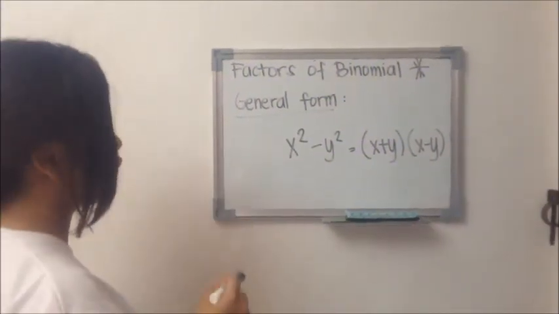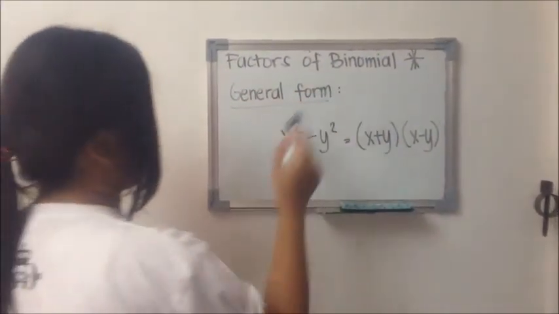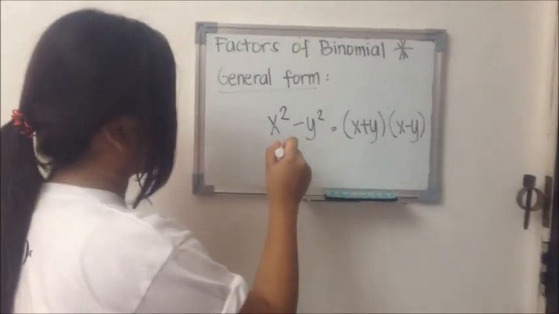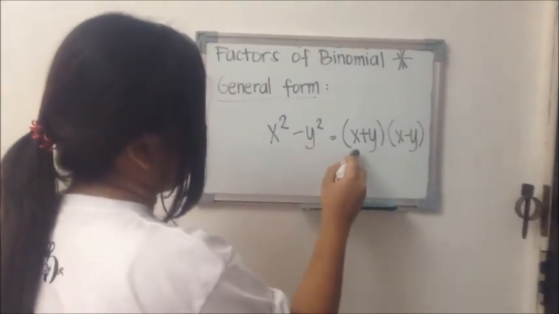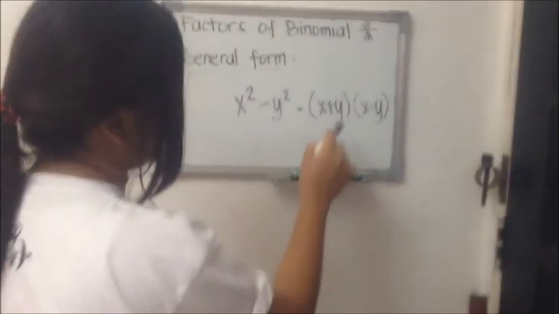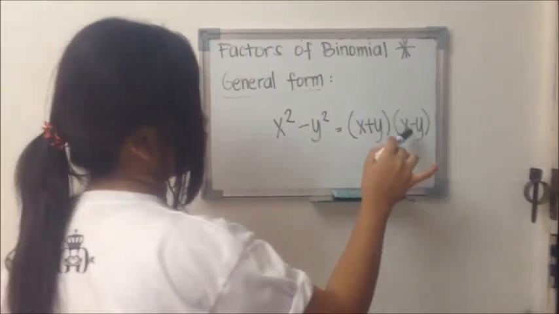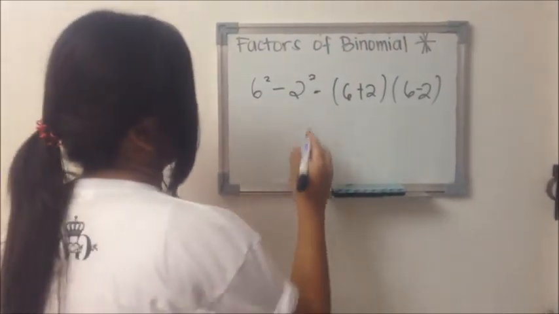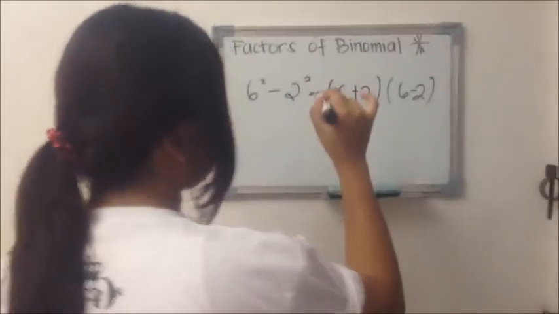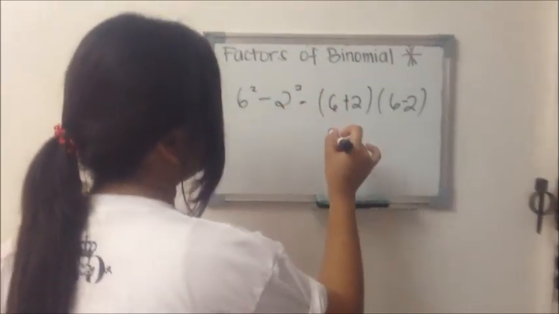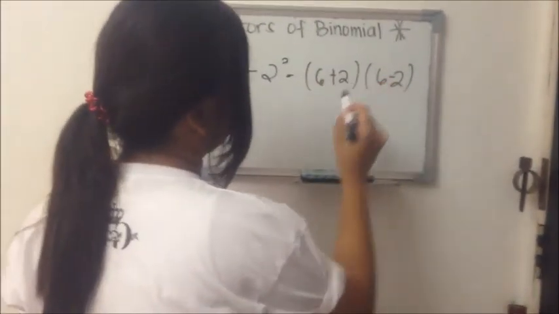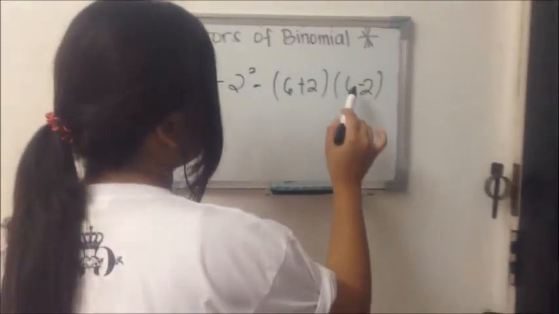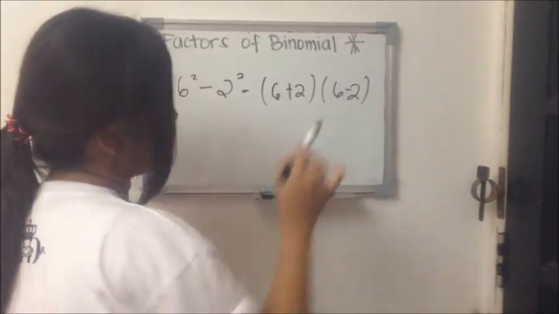The next kind of factoring is factors of binomial. This is the general form of it. X squared minus y squared equals x plus y, open and close parentheses, times x minus y, open and close parentheses. 6 squared minus 2 squared equals, from the general form, we're going to factor it. 6 plus 2, open and close parentheses, times 6 minus 2, open and close parentheses.